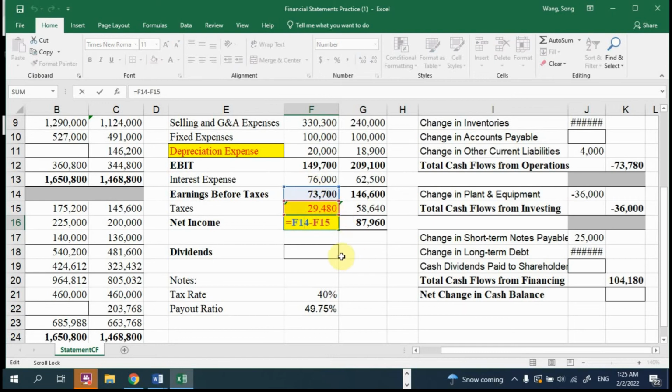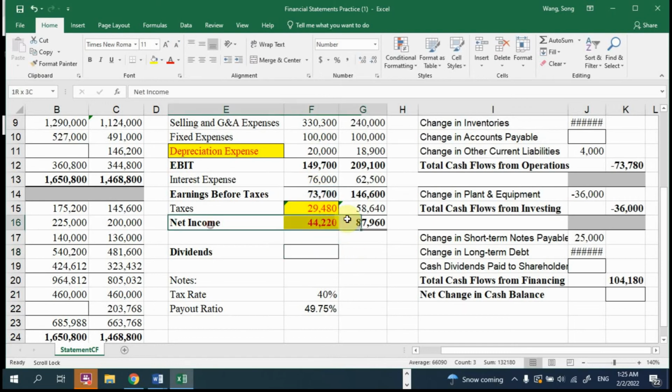All right, and then the next item. Actually, we're done with the income statement when we see net income, but usually on the income statement we're going to see dividends. The dividends here could be an arbitrary number decided by the management of the firm, or it could follow a payout ratio. Right here, the payout ratio is 49.75%, which means that percentage of net income will be paid out to shareholders as dividends.